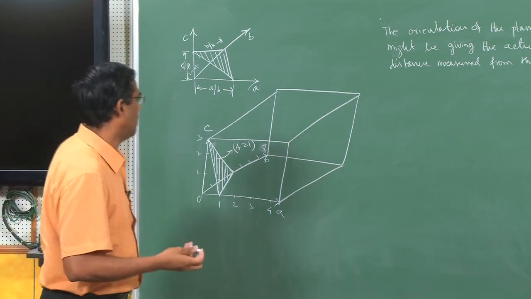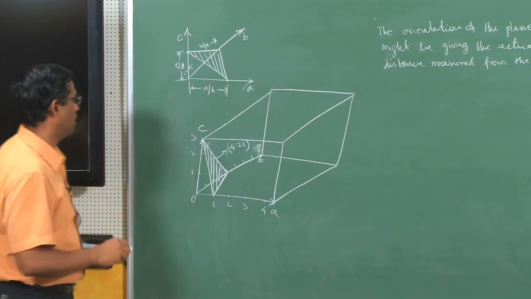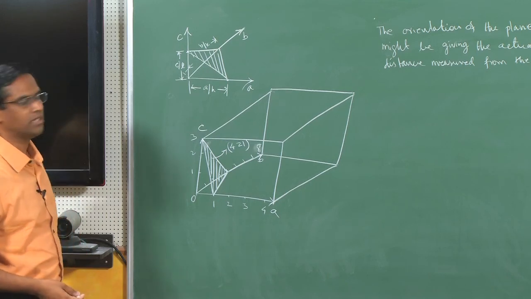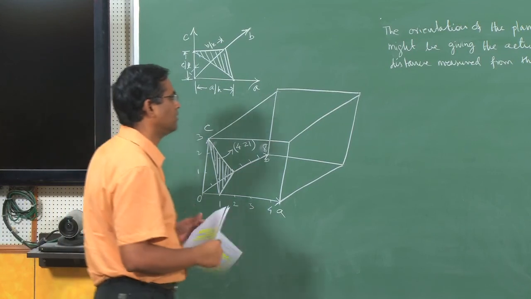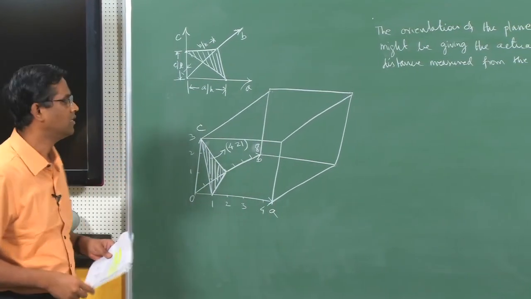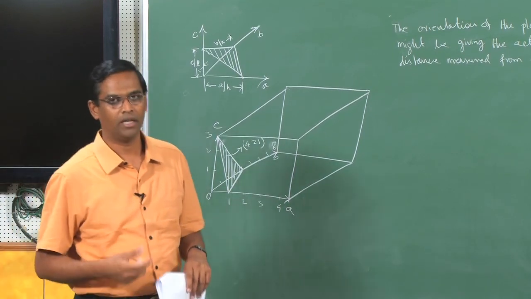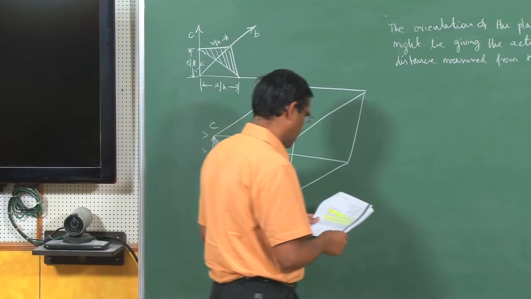Otherwise, whatever the actual distance measured from the origin, for example here, that could be a straightforward case, but in order to avoid a parallel plane conflict, because they will never make a particular intercept value with any of the axes.